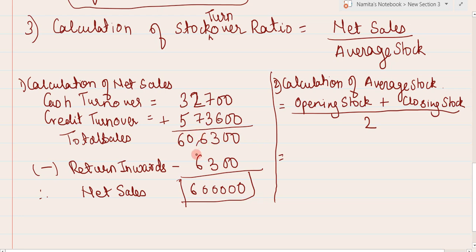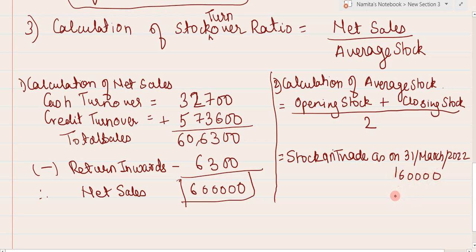So closing stock, the amount of stock in trade as on 31st March 2022 is 1,60,000.